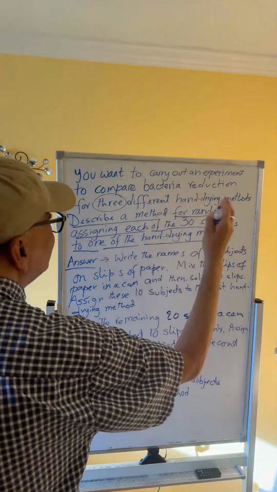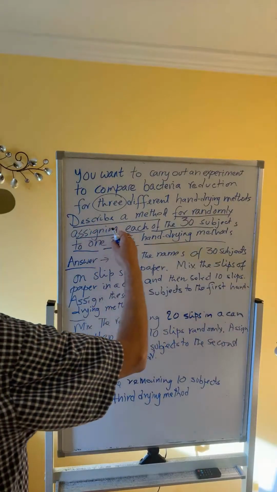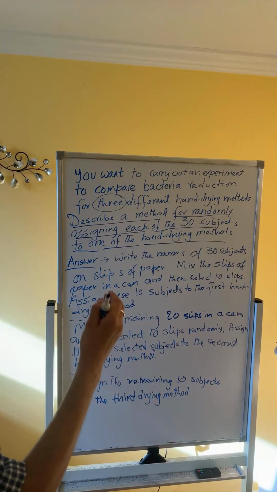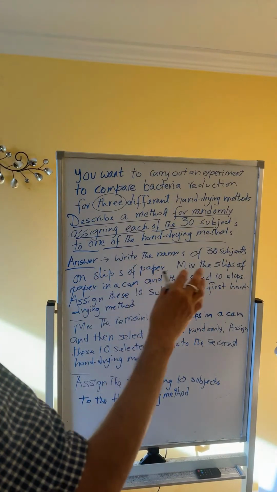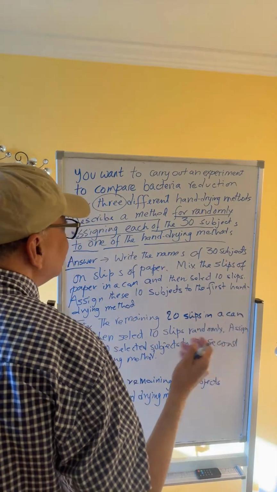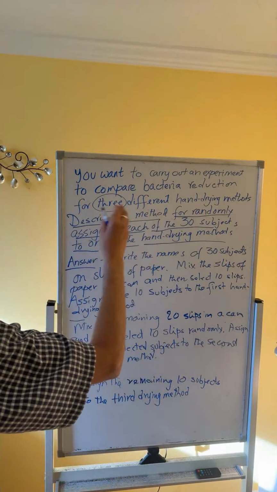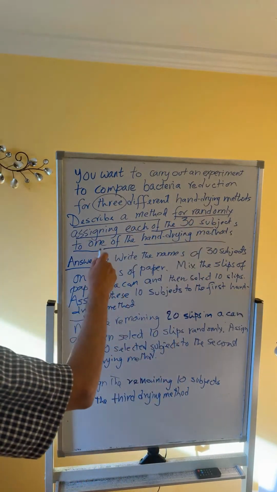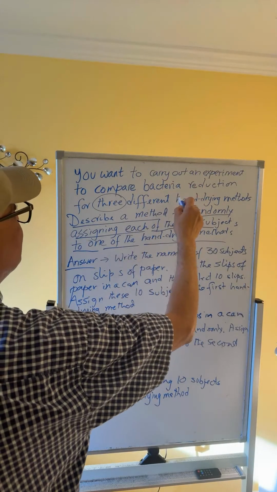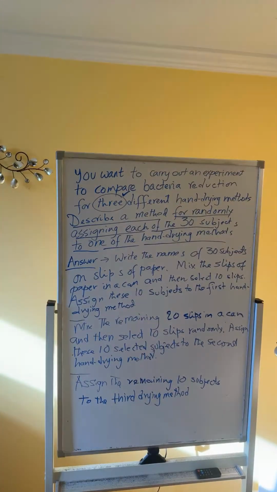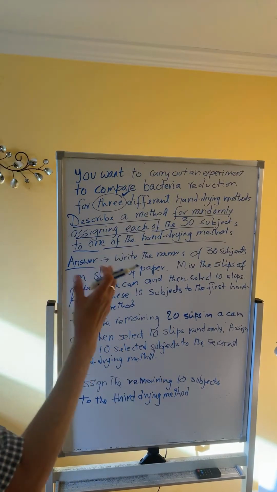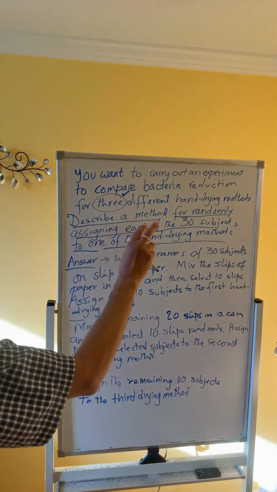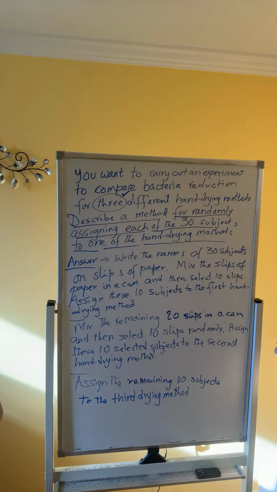Describe a method for randomly assigning each of the 30 subjects, in this case objects like maybe a wet cloth or something like that, to one of the hand drying methods. Remember, you have three different hand drying methods, and you want to find a method so that you can randomly assign 30 subjects to one of the three hand drying methods. So how do you do that?